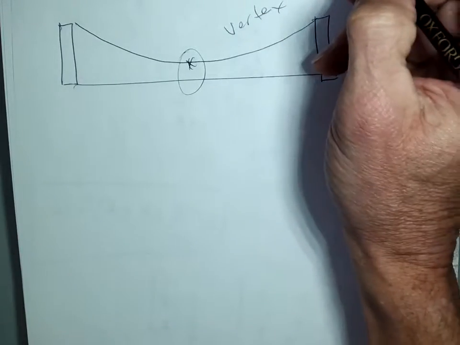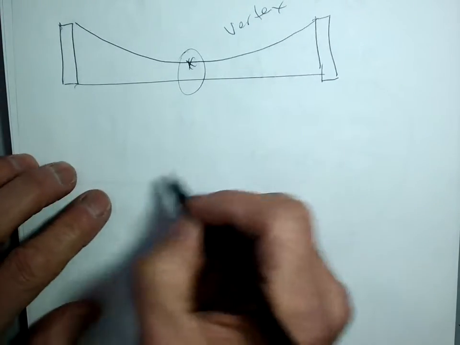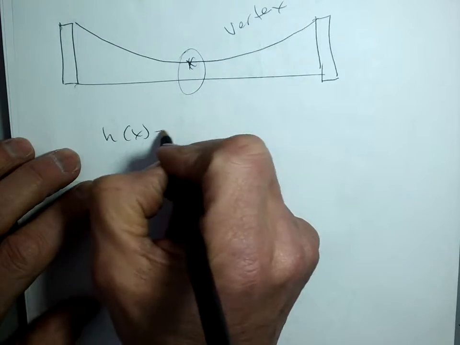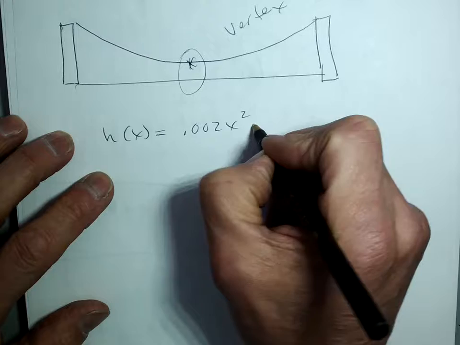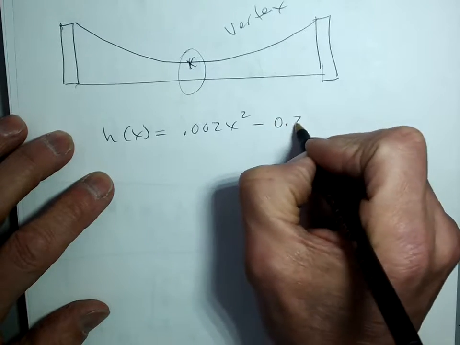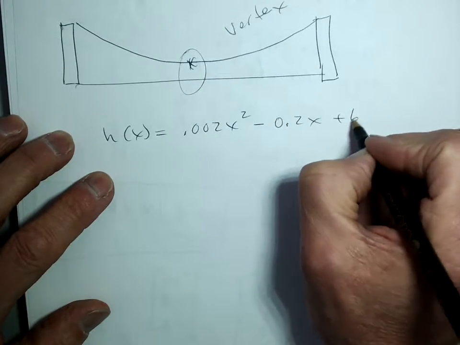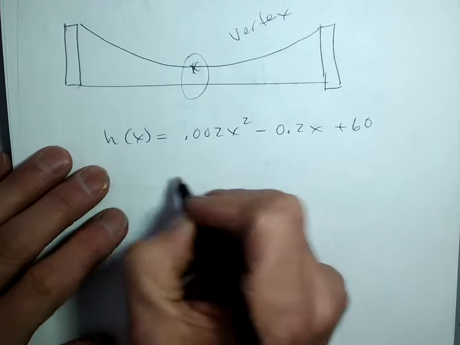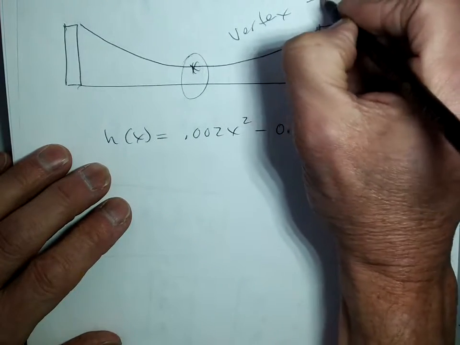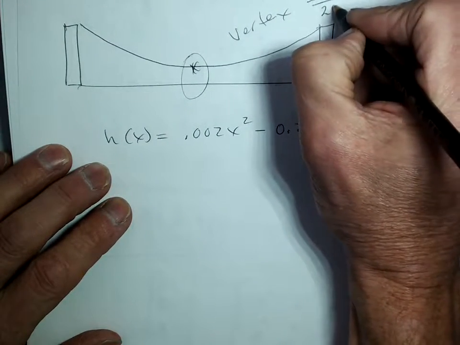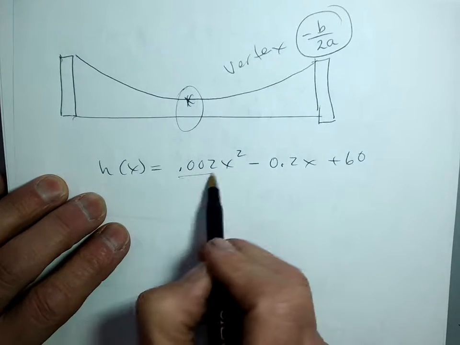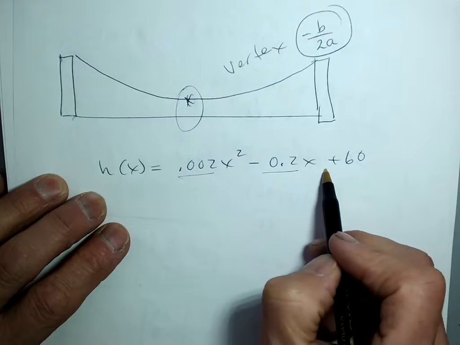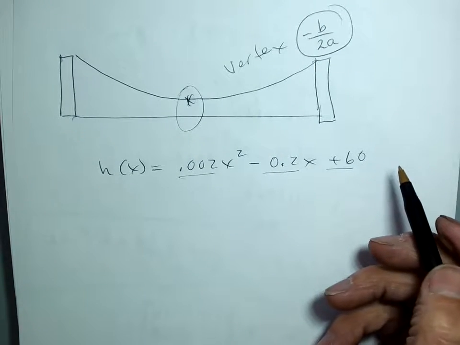This makes sense, right? So I've got h of x equals 0.002x squared minus 0.2x plus 60. And the vertex, right? So the vertex is my -b over 2a. I want to use that little mini formula. Here's my a, b, and c.